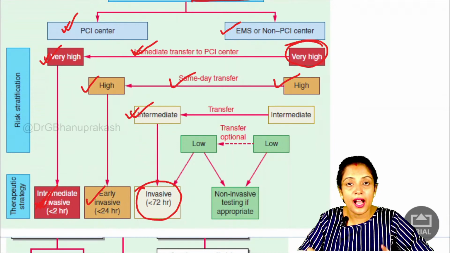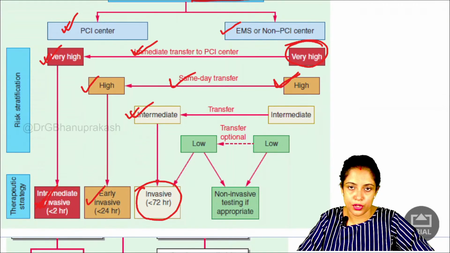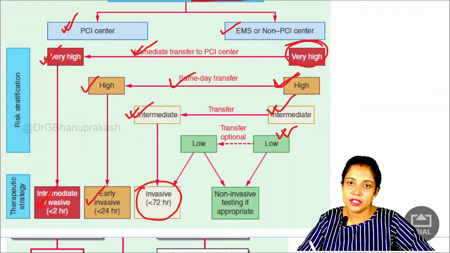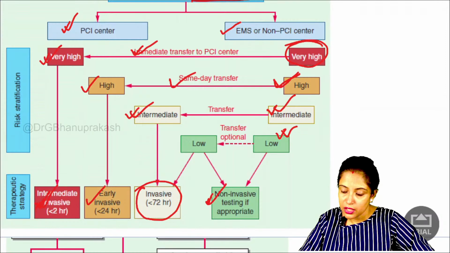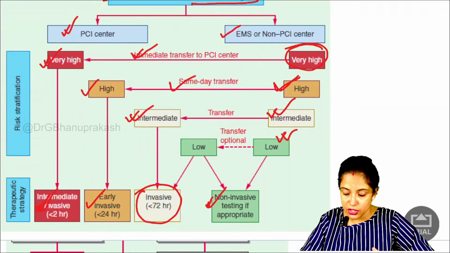Remember these things: very high risk, immediate transfer to a PCI capable center; high risk, same day transfer; intermediate risk, transfer and make sure that PCI is done within 72 hours of presentation. If the risk is low, then a non-invasive strategy is appropriate. So for very low risk, you can go ahead with the conservative strategy. Revascularization may not be necessary.